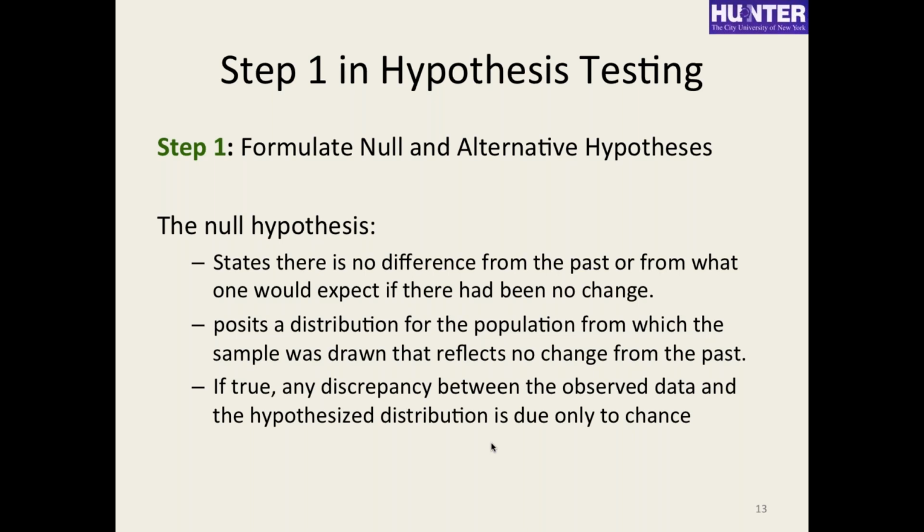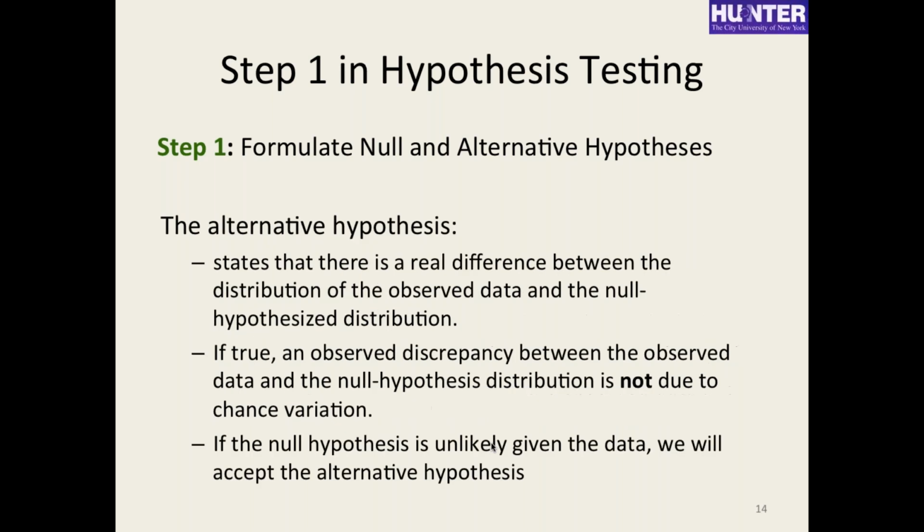And if true, then any difference between samples that are taken between the two groups is just due to chance. If the null hypothesis is true, any difference between the sample mean that you get from group A and the sample mean that you get from group B, if the means are the same for the two populations, any difference is just due to sampling error, just sampling chance.